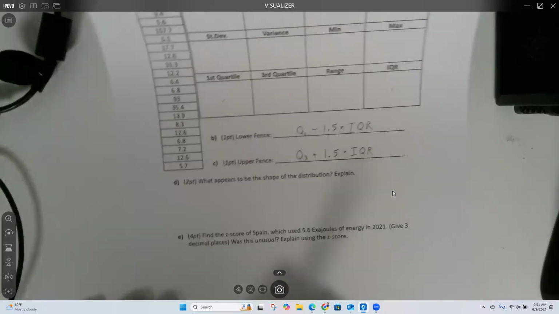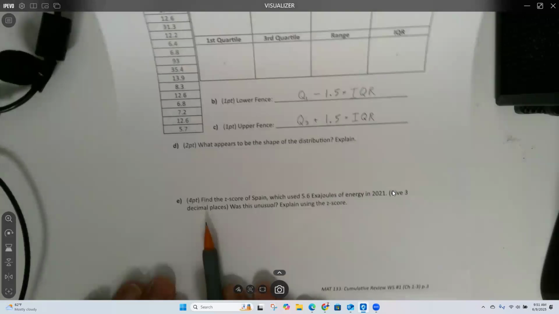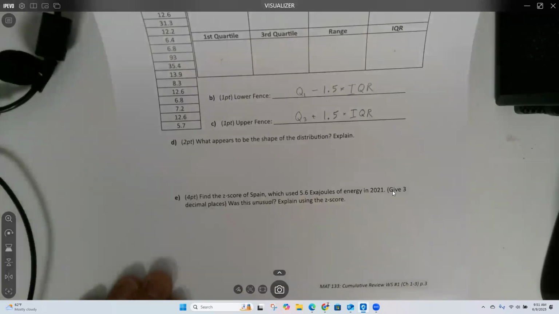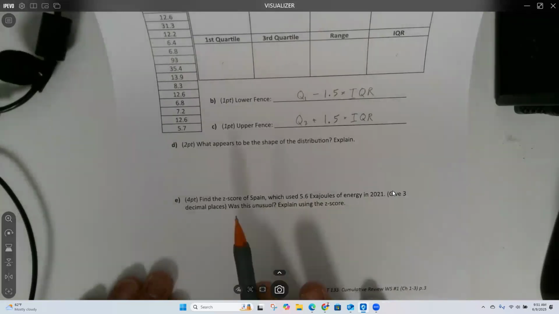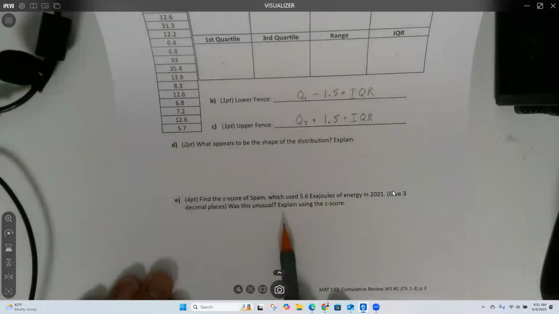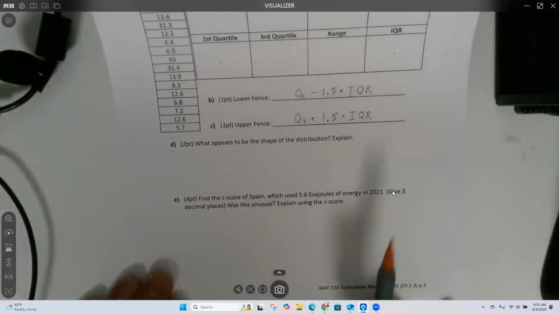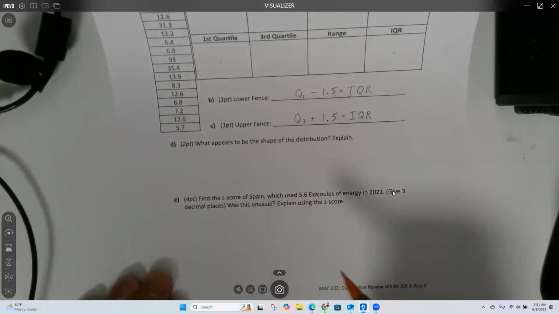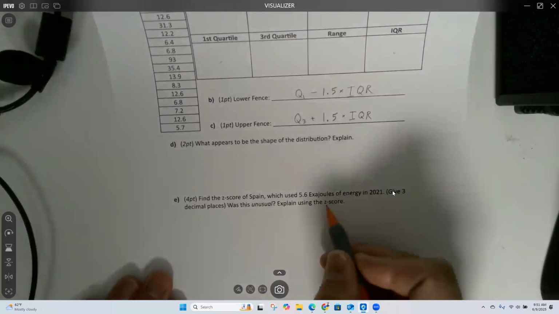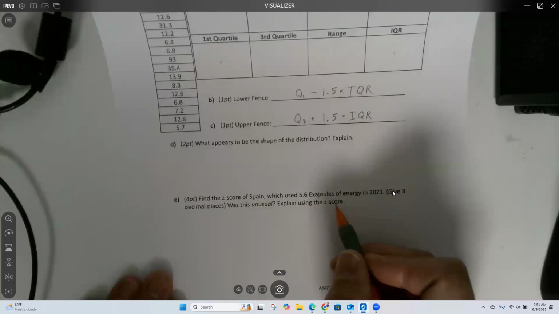Okay. This one, 3E. So I'm going to help you with this one because this one is talking about z-score. Okay, and z-score, in my opinion, is a tricky concept. So a z-score is how many standard deviations you are away from the mean.